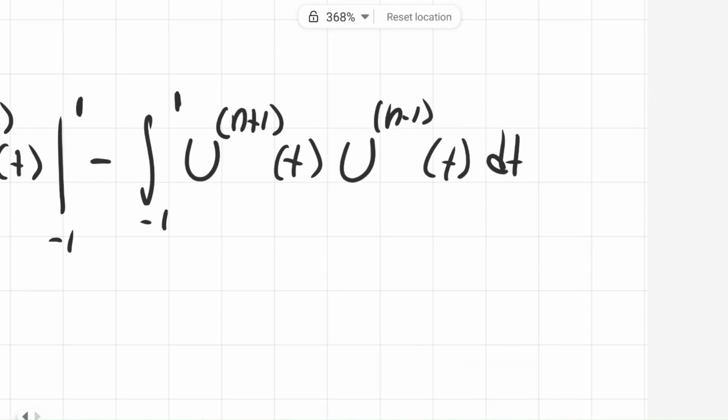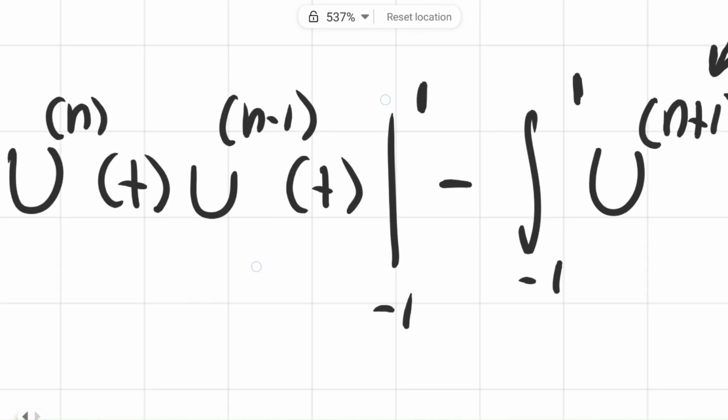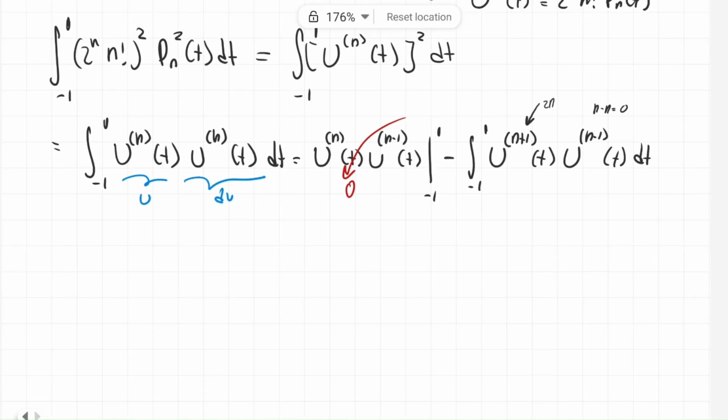So with this element, it is very easy to see that if we keep going n times, this index is going to reach the element 2n, and then this is going to reach the element n minus n, which is going to be equal to 0, right? So again, by the same reason, these elements are going to be equal to 0.